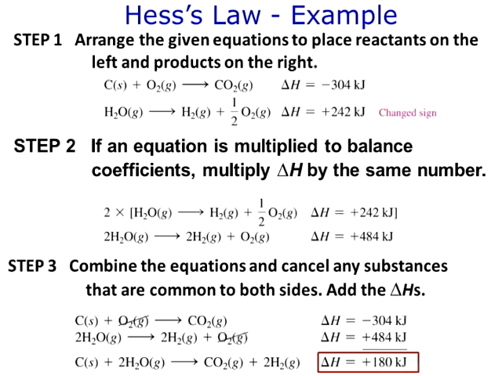And we sum the delta H values of the 2 steps, which gives us a positive 180. And this is what Hess's law allows us to do. It allows us to combine equations to determine the delta H for an overall reaction process.